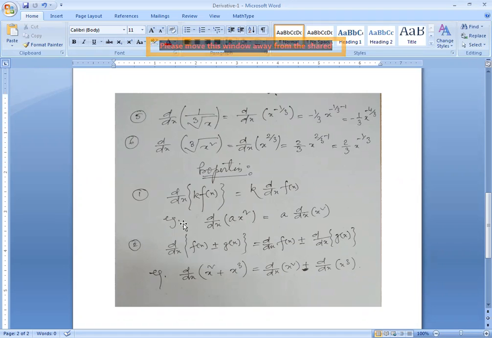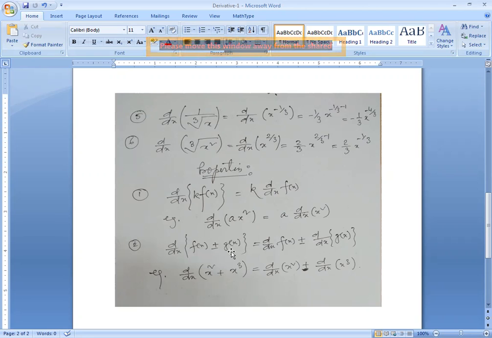Next, property number 2. Differentiation of two functions or more than two functions, if they are in addition or subtraction form, then we can differentiate function term-wise. f(x) is one function, g(x) is another function. There may be another h(x) function, p(x) function. It is showing here only for two, but more than two functions might be added or subtracted.